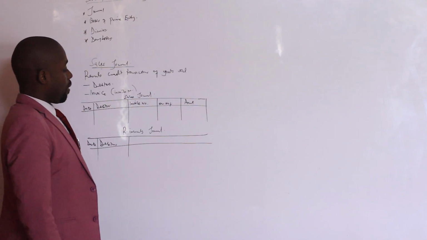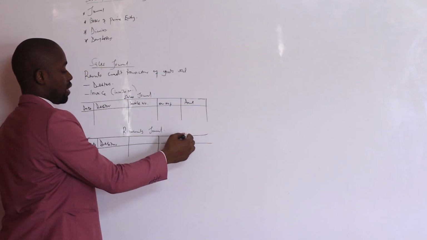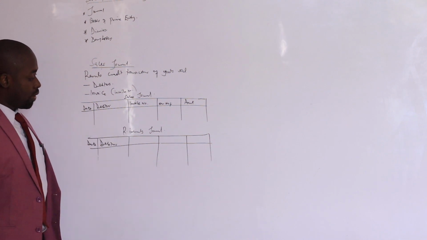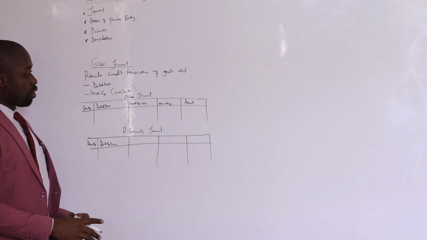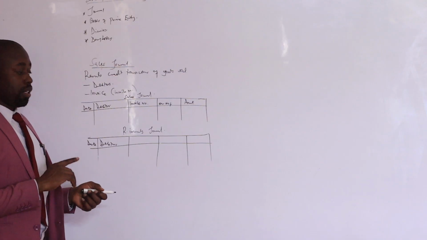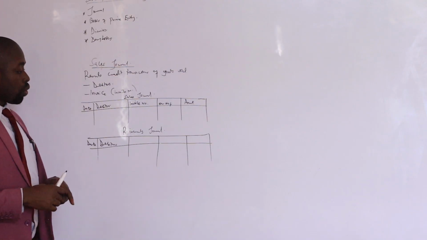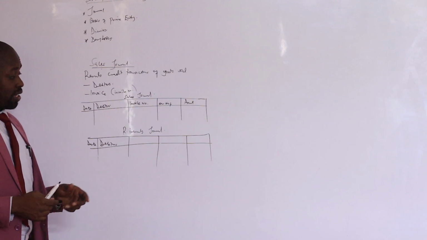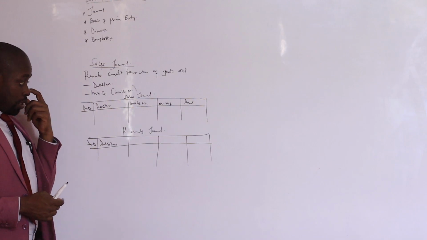We had some documents I talked about when you were talking of source documents. We had what we call a debit note and a credit note. A debit note was meant to correct an undercharge.